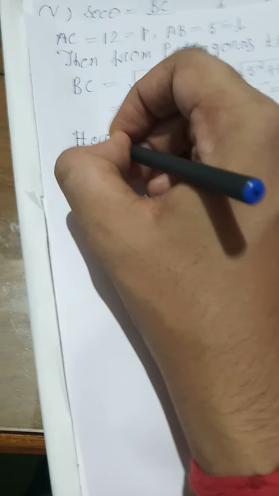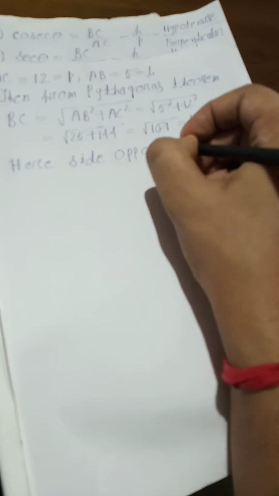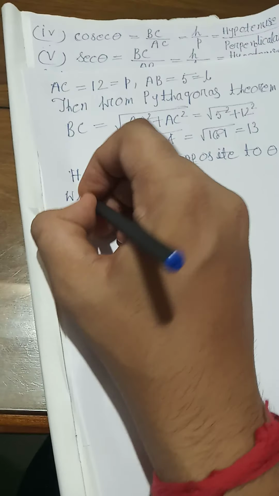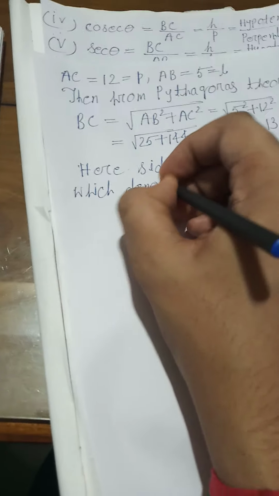So here the side opposite to theta is AC, which denotes small p.